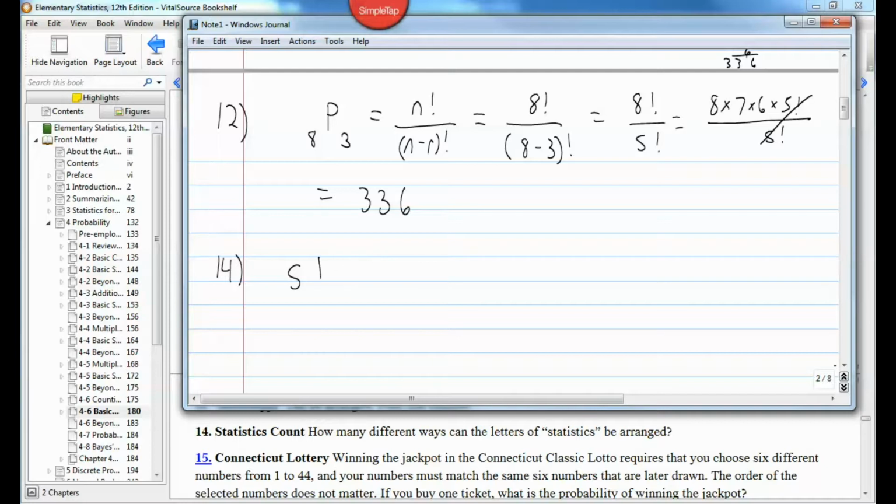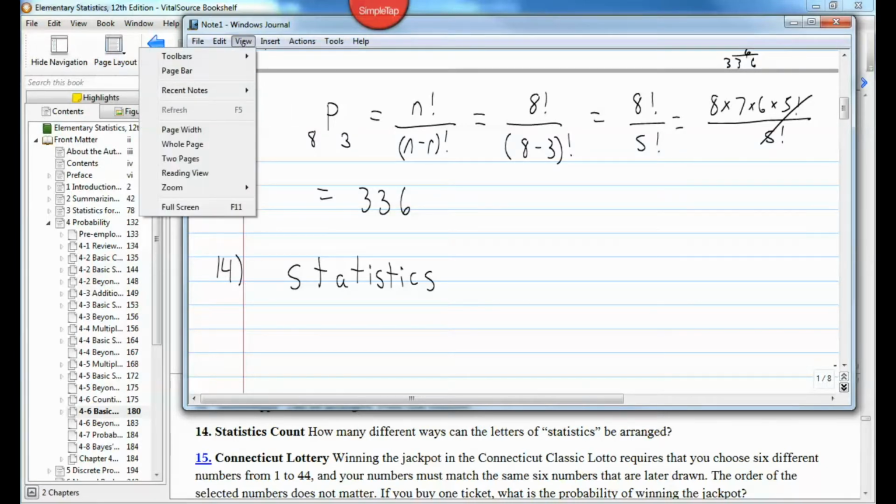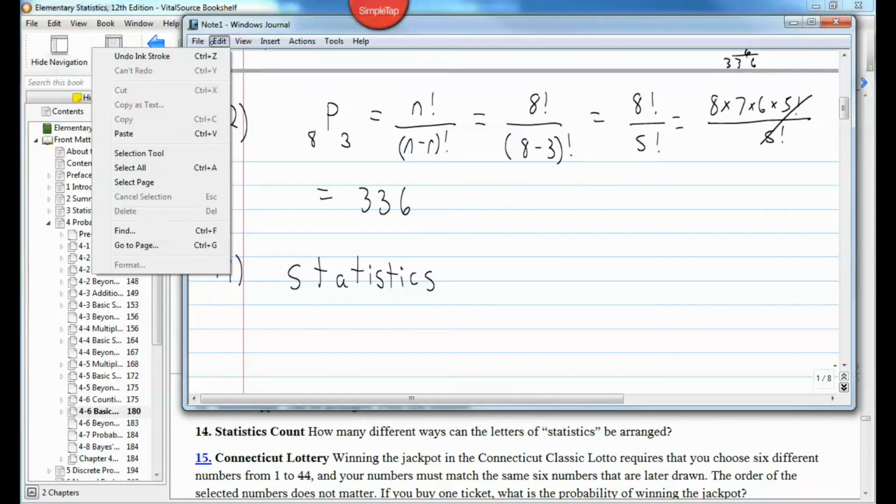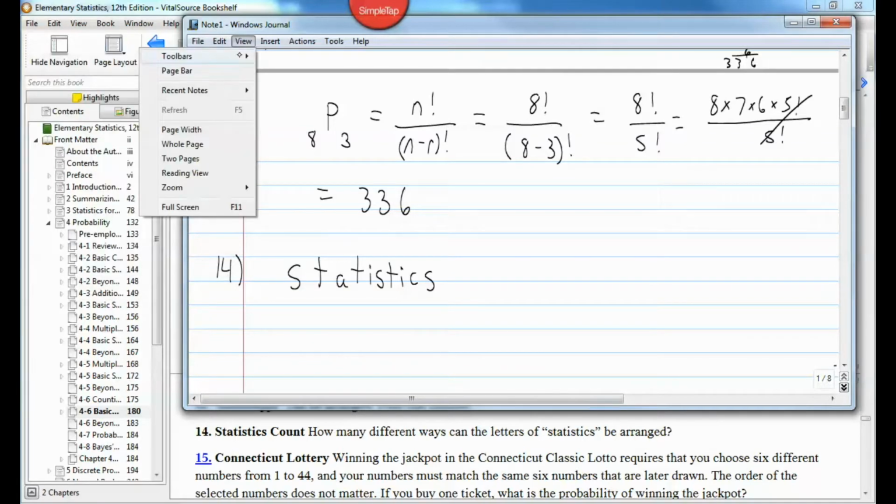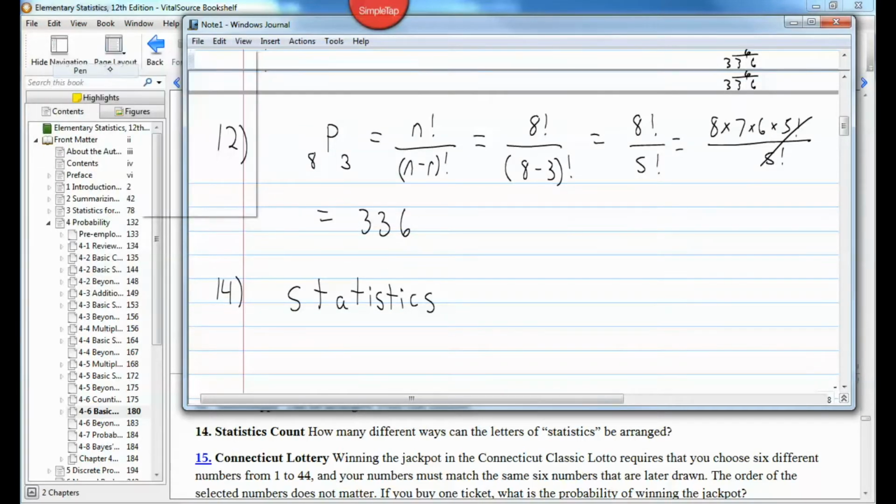Problem number 14 says, how many different ways can the letters of statistics be arranged? So we need to look at the types of letters. It's not the actual letters that matter. They could be some other letter if we had the same number of each.